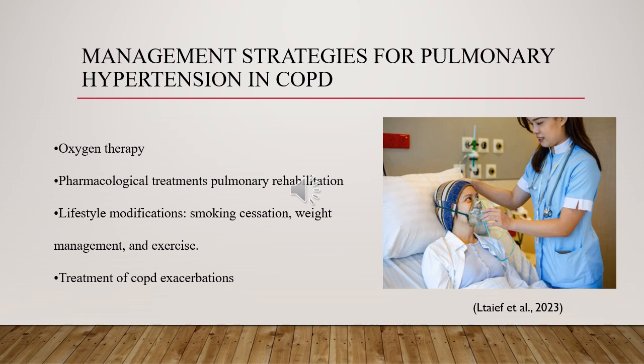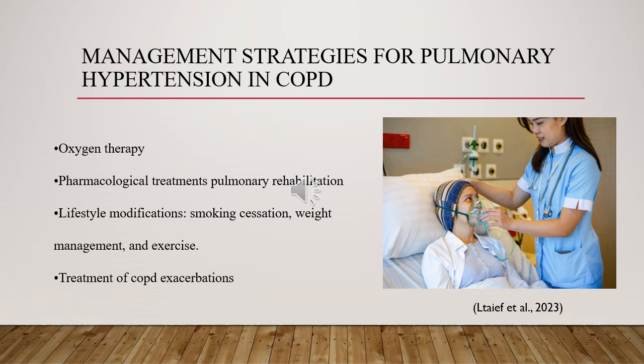Pulmonary rehabilitation, encompassing supervised exercise programs, nutritional support, and patient education, enhances exercise capacity, reduces symptoms, and improves overall quality of life. Lifestyle modifications such as smoking cessation, maintaining a healthy weight, and engaging in regular physical activity are crucial to slow disease progression and alleviate symptoms.